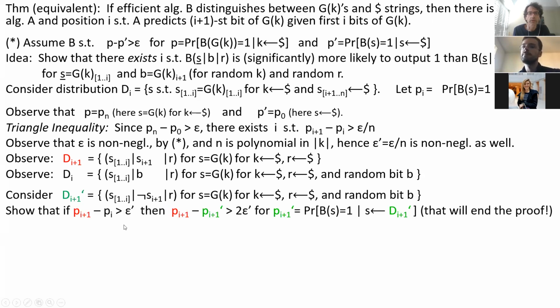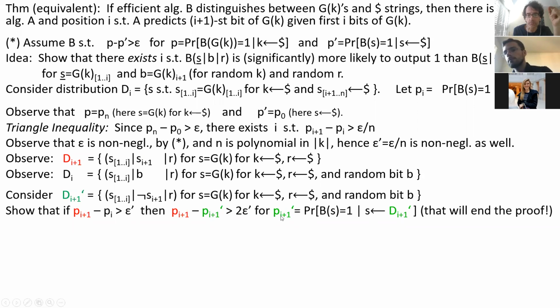So the probability of how he does on D_i is 1/2 of how he does on D_{i+1} and how he does on D_{i+1} flipped. That's right, because with 1/2 probability this random bit looks like this, and with 1/2 probability looks like that.